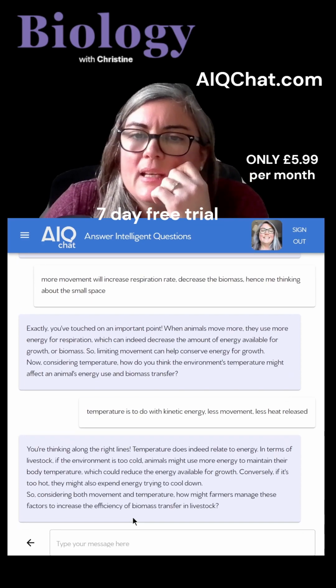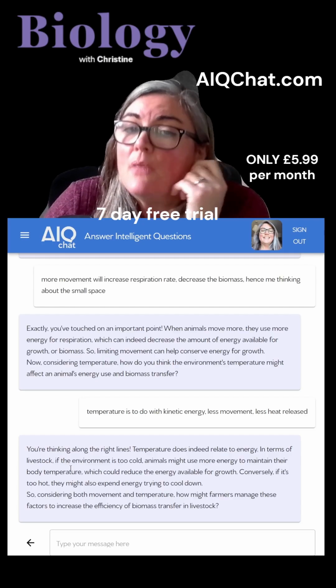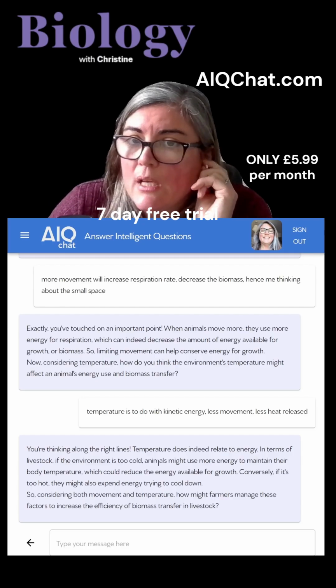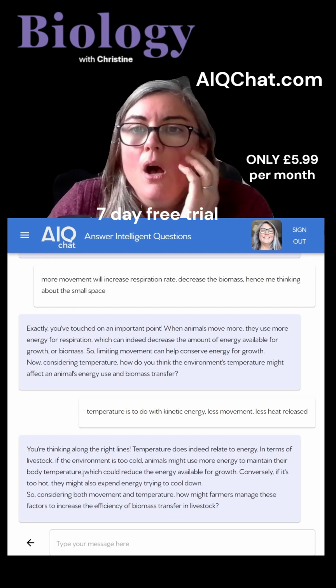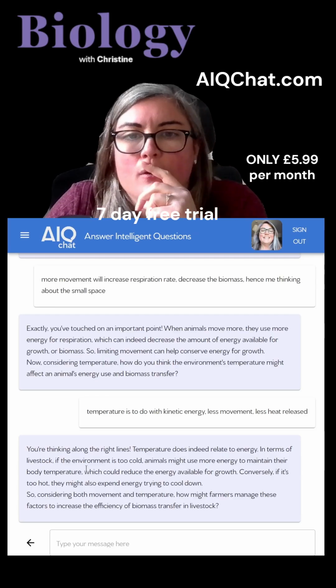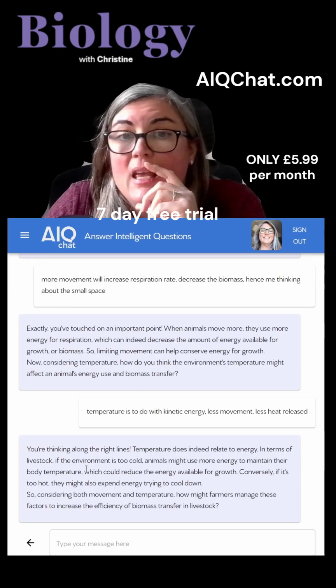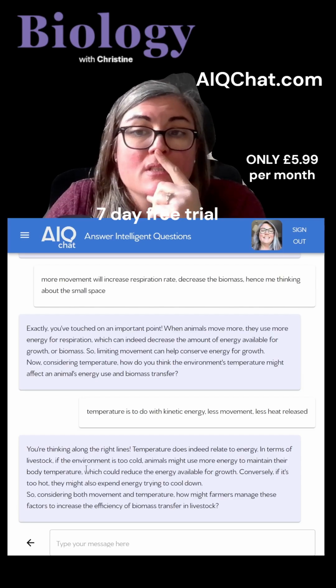You're thinking along the right lines. Temperature does indeed relate to energy in terms of livestock. If the environment is too cold, animals might use more energy to maintain their body temperature. Oh, of course, because they're endotherms. Okay. Conversely, if it's too hot, they might also expend energy trying to cool themselves down.